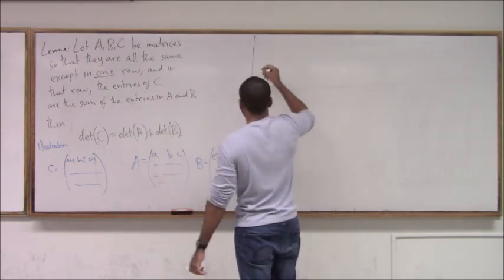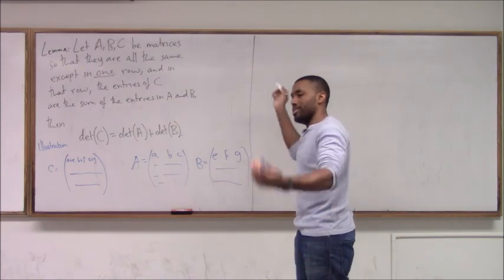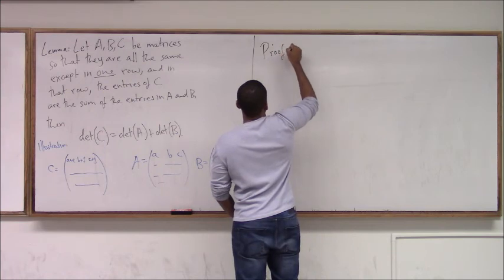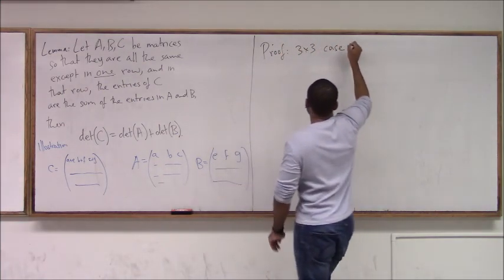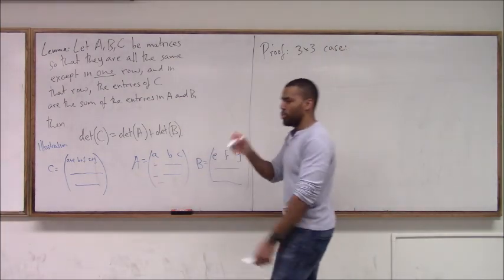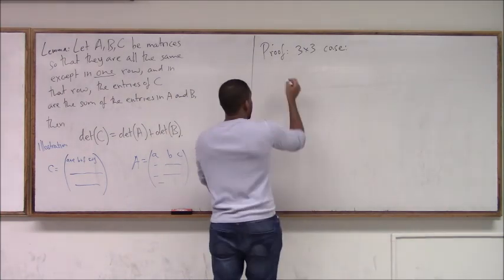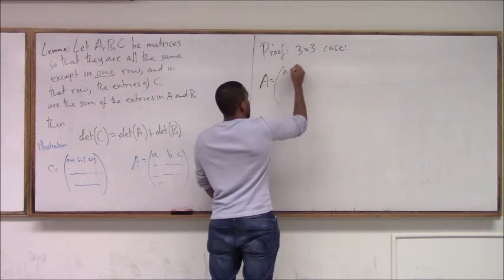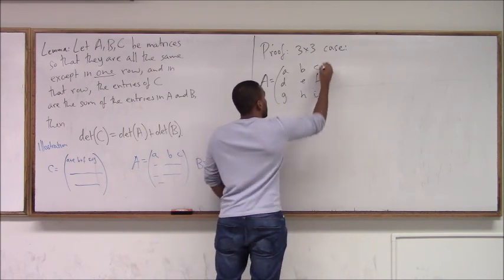Let's just do an illustration. Of course, in the more general case, you'd have to write out dot, dot, dot. Let's say proof: let's do a 3 by 3 case, so that we can get out of here quickly. Let's say A is a, b, c, d, e, f, g, h, i.